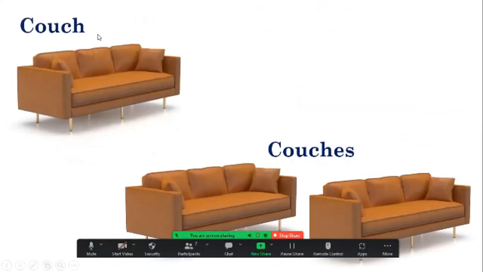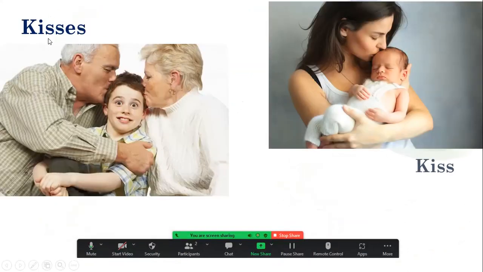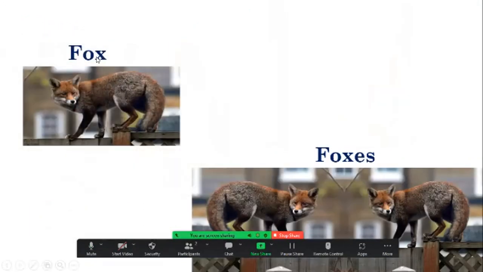Couch, it ends with CH, so couches. Dish, it ends with an SH, you add ES: dishes. Kiss ends with SS, you say kisses. Fox, it ends with X, so you add ES: foxes.